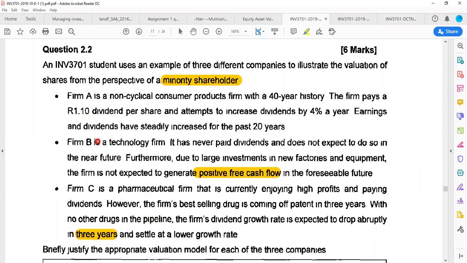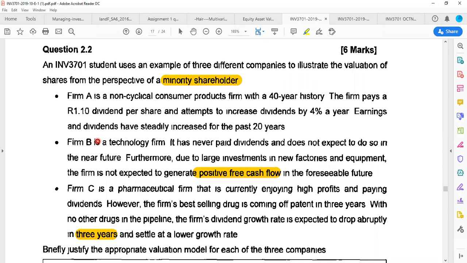From what I've seen, the things they tend to ask about in the exam that have to do with theory are usually questions on the different types of valuation models, as well as questions on the equity valuation process.